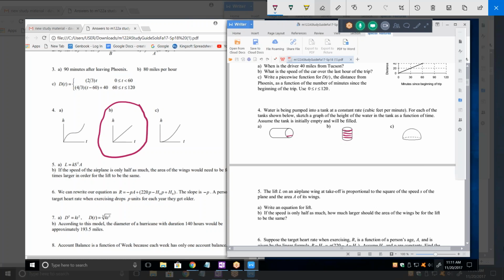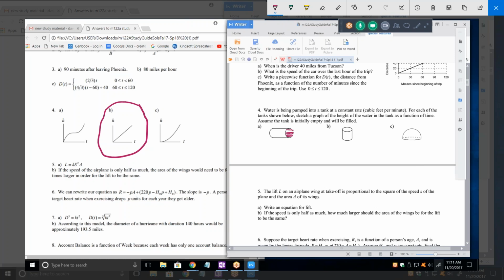But notice what happens with A. That doesn't happen with A. The very first gallon I pour in might get to there. And then as I go up towards the middle, when I get to there, that is the slowest possible rate where the height is going up. In fact, these lines get closer and closer together, and then it goes up really slow, and then as it gets near the top, it's going to fill up really fast again.